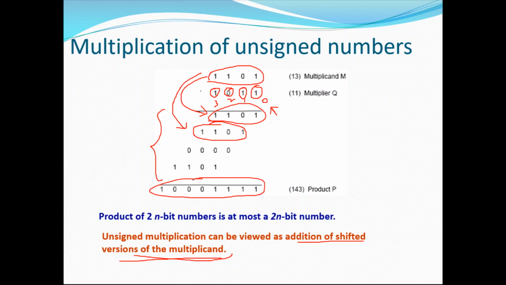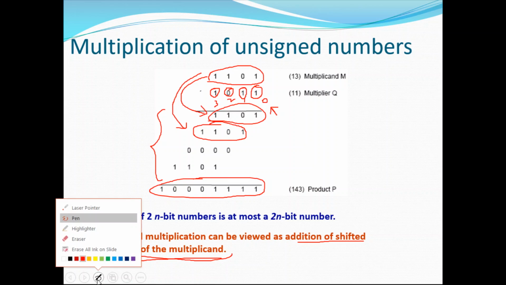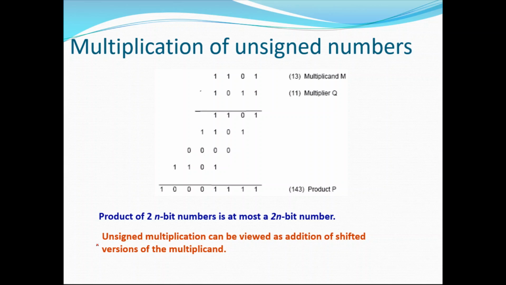Actually we are trying to understand how we can make a computer multiply. So you can write an algorithm like that. Given a multiplicand and a multiplier, from the least significant bit, the 0th bit, read the ith bit.